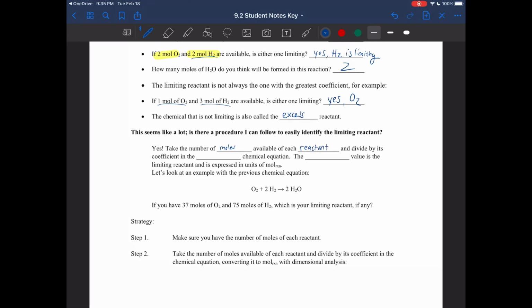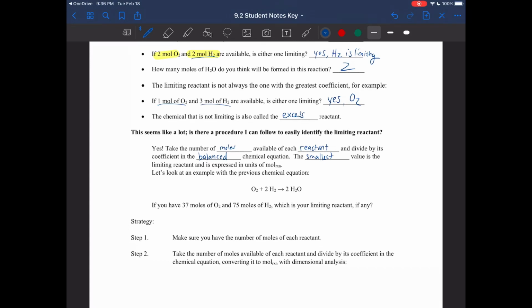Just find that amount in moles. And you're going to divide the number of moles by the coefficient of that chemical in the balanced chemical equation. So you're going to get different numbers for different reactants. The smallest value that you get is the limiting reactant. And you can express it in units of moles of reaction that happen.